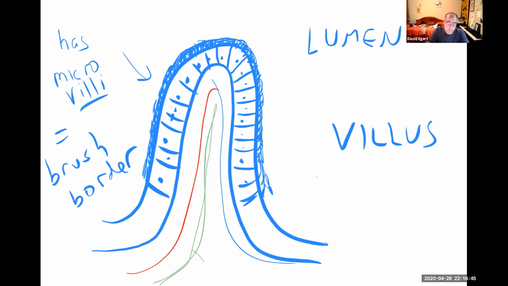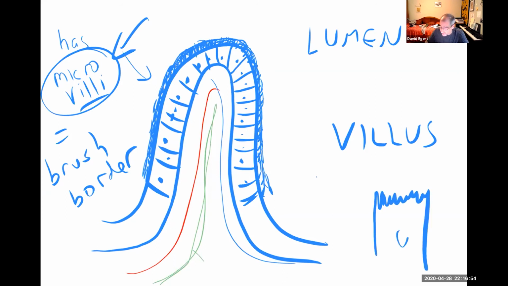So we will come back, but microvilli are the individual little hairs on a cell. Villi are these big fingers made out of lots of columnar cells.